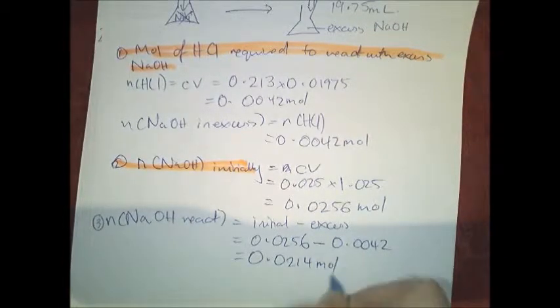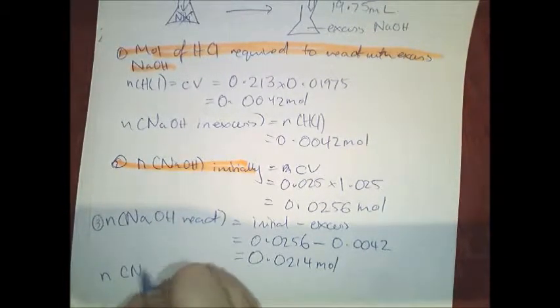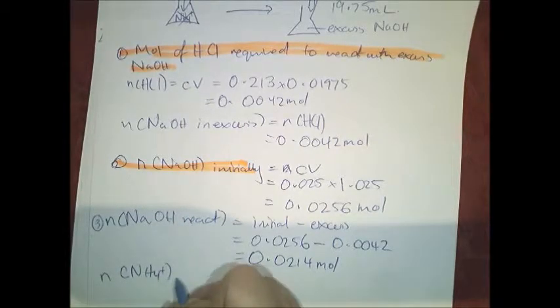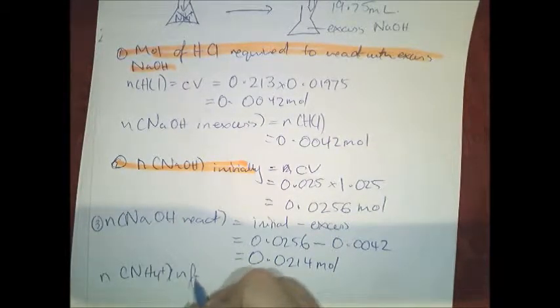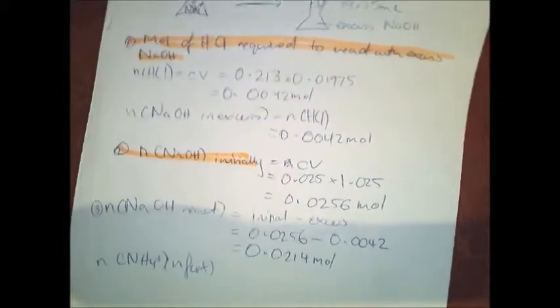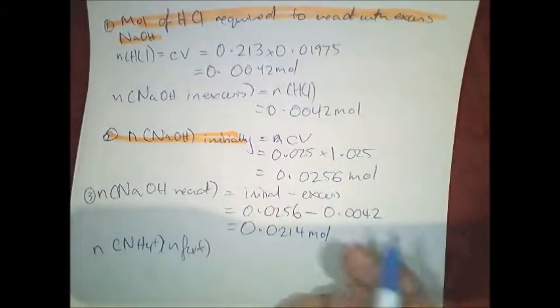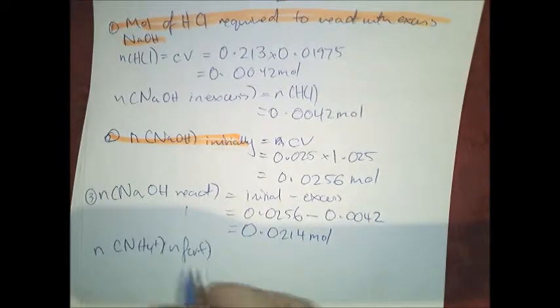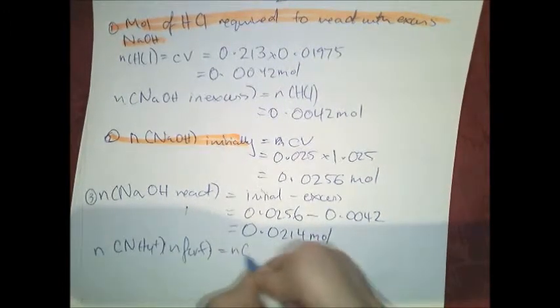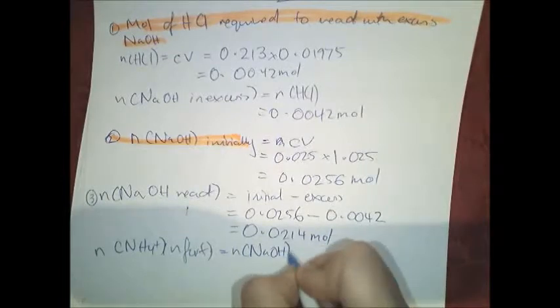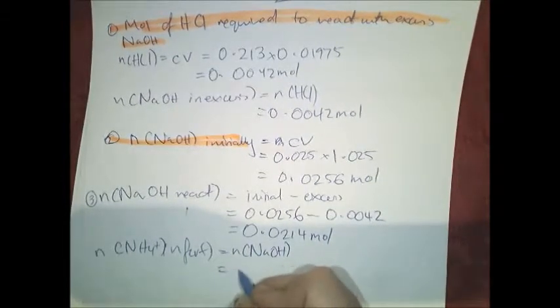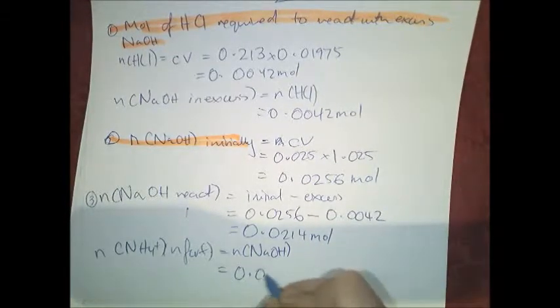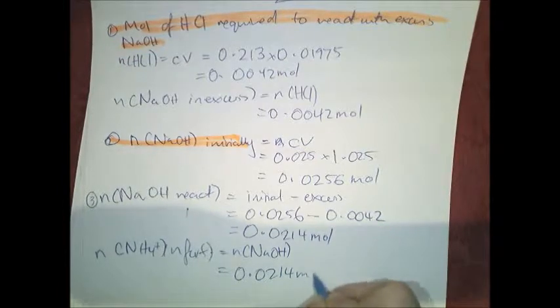equals 0.0214 mole. Now the moles of NH4+ in the fertilizer, because there were no aliquots and there were no dilutions, meaning all of the moles that reacted with the NaOH was in the original sample, equals the moles of NaOH, because it is a 1-to-1 ratio, which is 0.0214 mole.